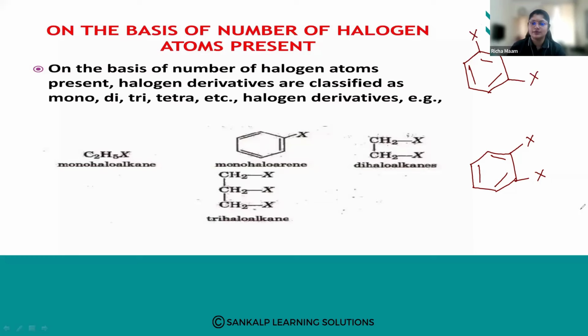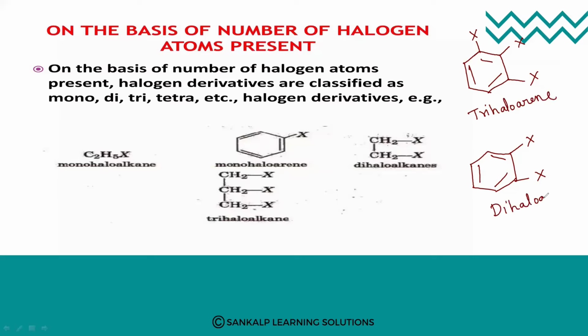Here, monohaloalkene. Trihaloarene. Okay, it is a trihaloarene system. And this is a dihaloarene.